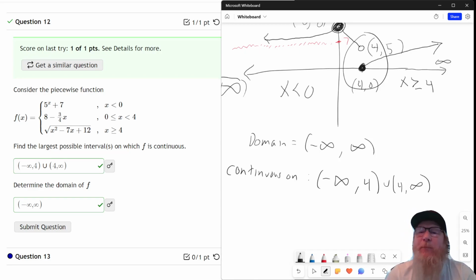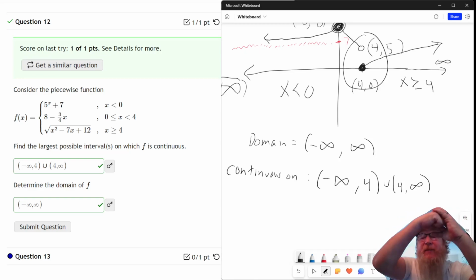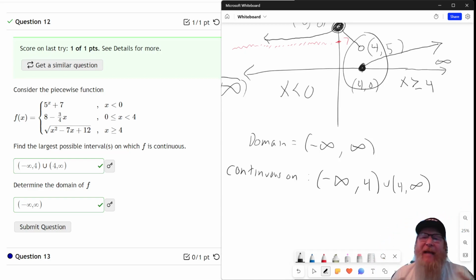So 4 is part of the domain. So you can think of it like on one side, it's a square bracket. That's the solid dot. And on the other side, it's an open parenthesis, and the two things come together. That's true for the domain. But for continuity, it's never a bracket. All right. When I say continuous, an interval on which a graph is continuous is always an open interval.